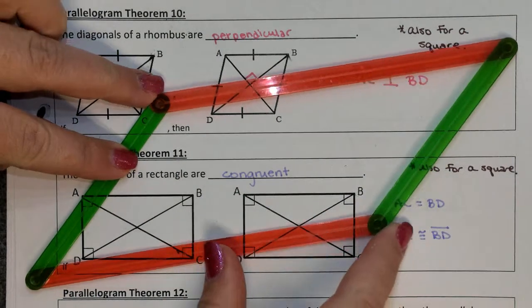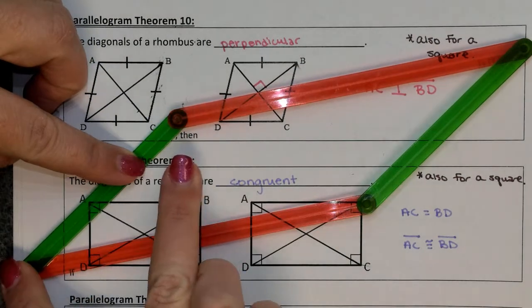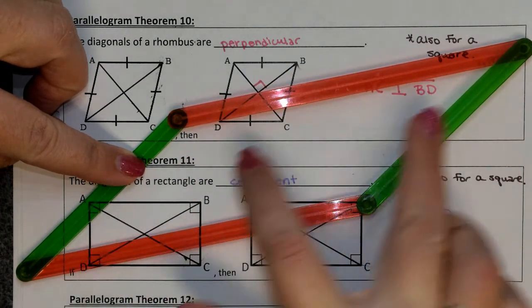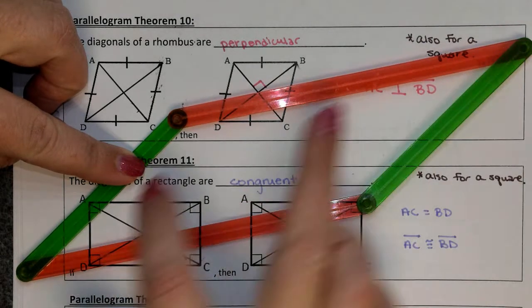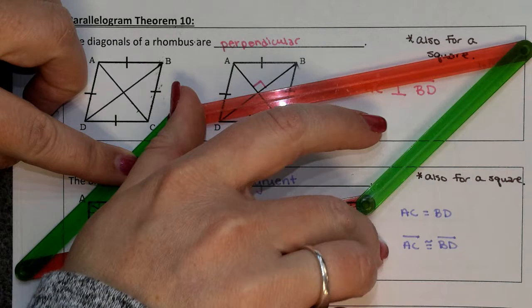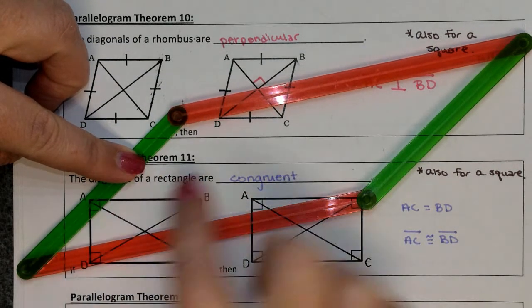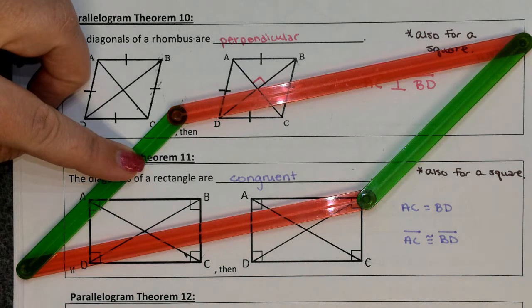As I showed earlier, I can push these ones. You can see that these are pretty close together, and these two opposite diagonals are nowhere close to that close. I can't even reach with my hand across those, but I can with this one. So, because of that, I know that these diagonals are not congruent on a regular parallelogram.